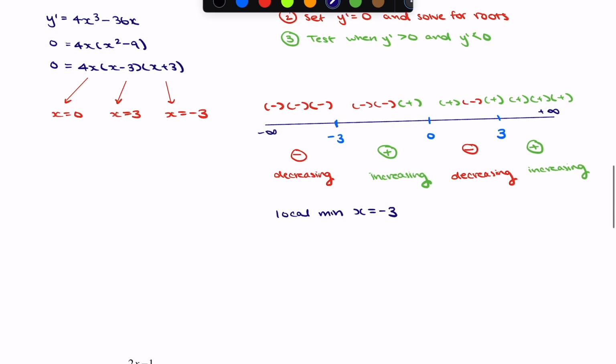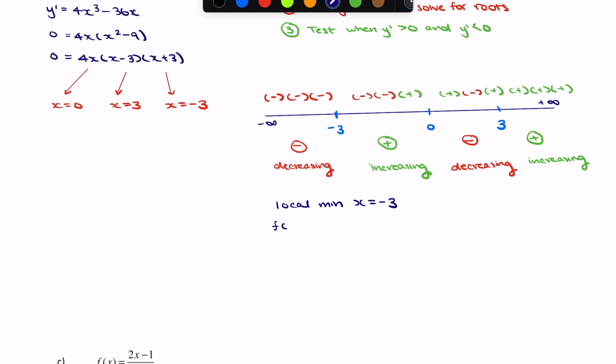And so let's sub that back into the original equation. So f of -3 is equal to -3 to the power of 4 minus 18 times -3 squared. That'll give us 81 minus 162, which is equal to -81.